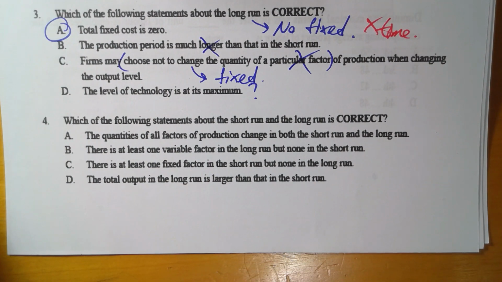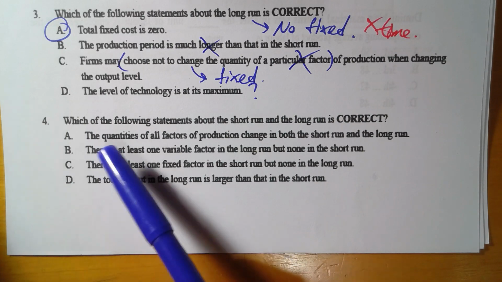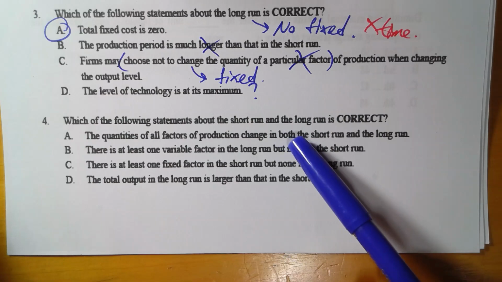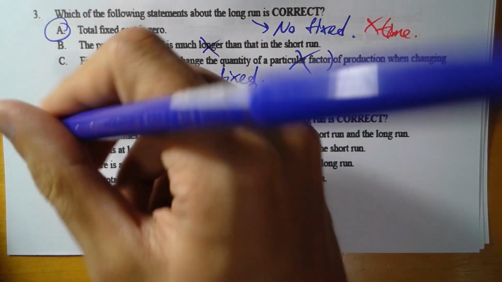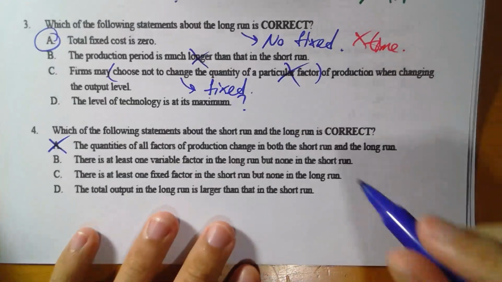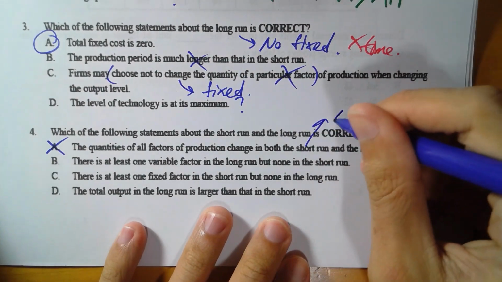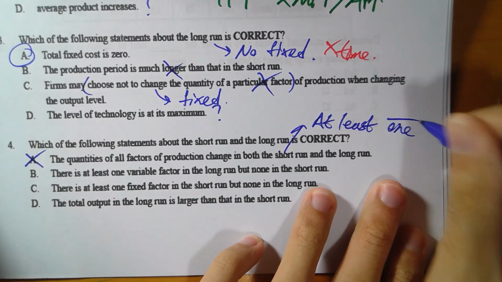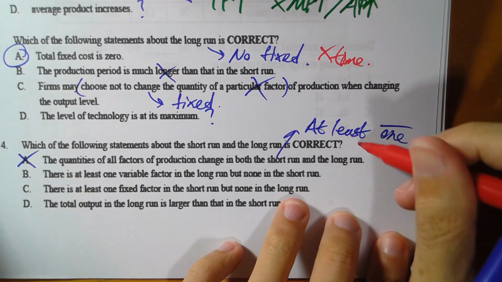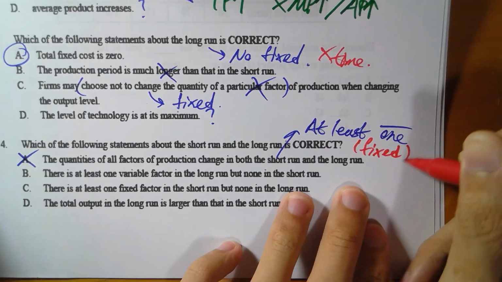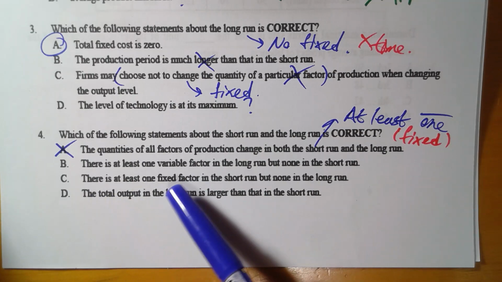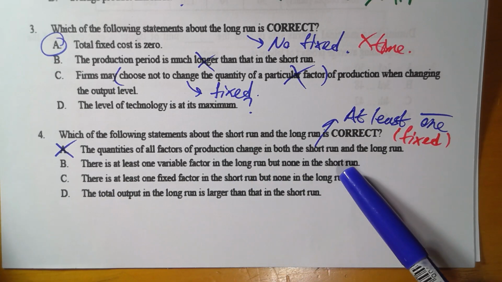Now, number 4. Which of the following statements about short run and long run is correct? The quantities of all factors of production change in both short run and long run. 係咪肯定唔係啦？Because in the short run, at least one would remain unchanged, and that would be our fixed factor. 係咪起碼有個 fixed factor 啦？所以呢個唔啱啦。There is at least one variable factor in long run, but none in the short run.